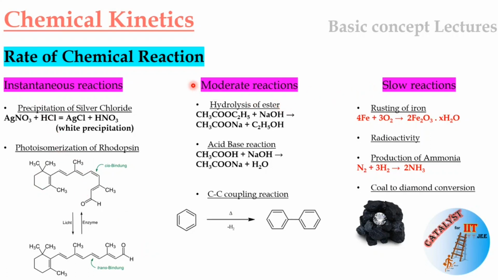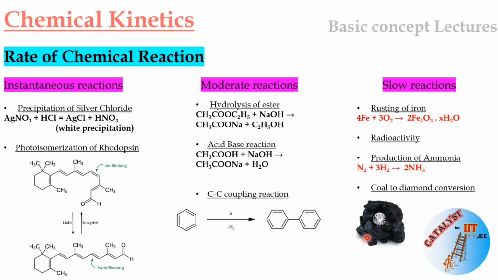Now, there are many moderate reactions, but hydrolysis of ester, acid-base reactions, and coupling reactions like CC coupling reactions are the most common. Rusting of iron is a good example of slow reactions. Also radioactive decay is a good example of a slow reaction. If you mix nitrogen and hydrogen in a chamber and wait for 1 year to get ammonia, this is not going to happen, because the production of ammonia is a very slow reaction.